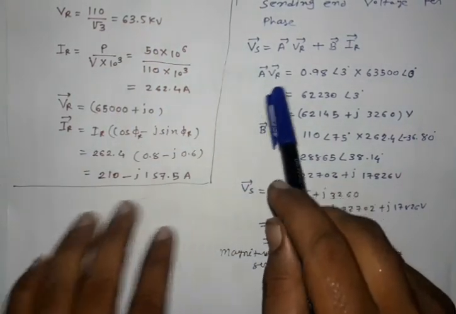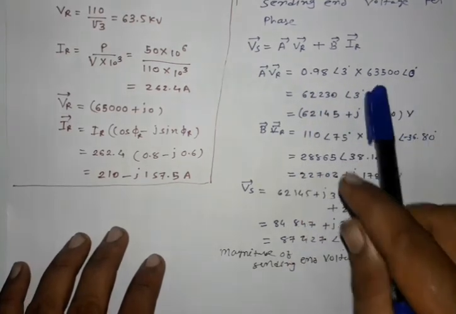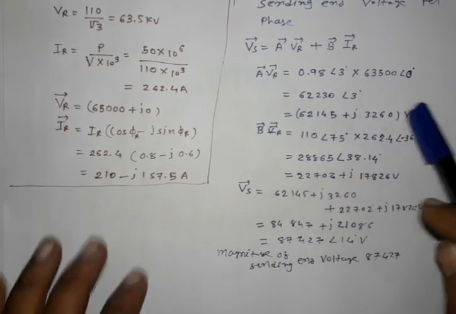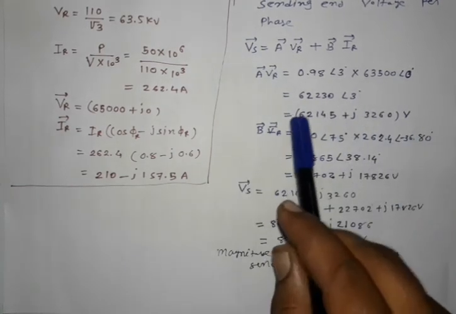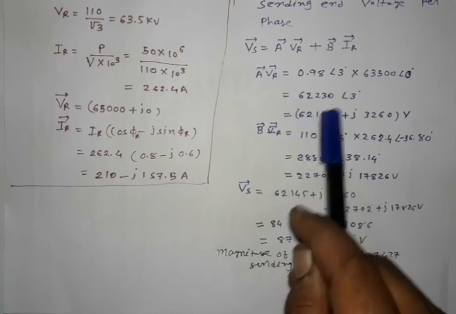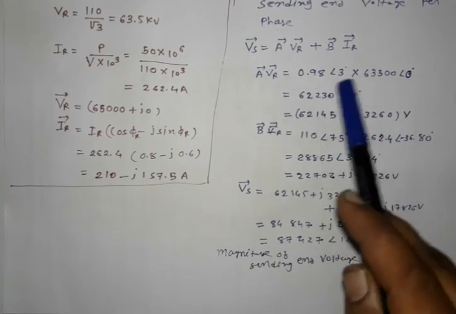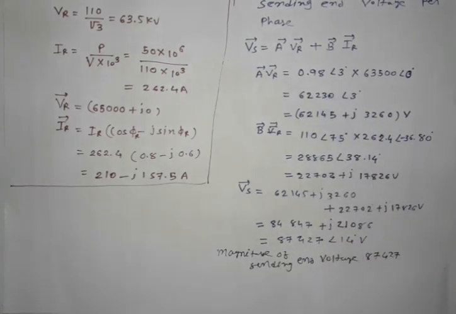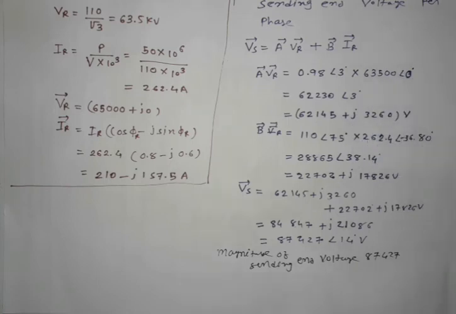So we put this value, 0.98 angle 3 into 63,500 volt, and we get 62,230 angle 3. Multiplication and division of angles we described in the long transmission line lecture.